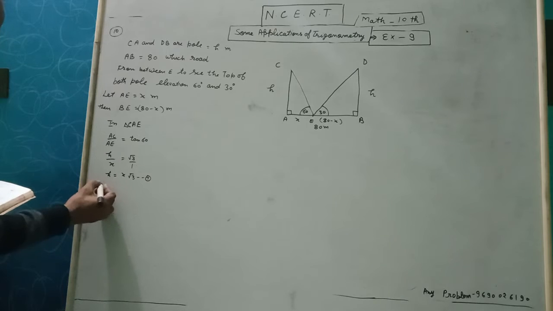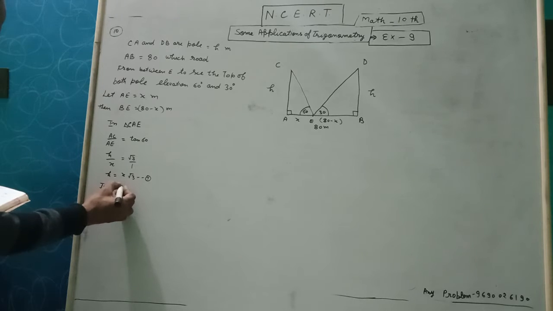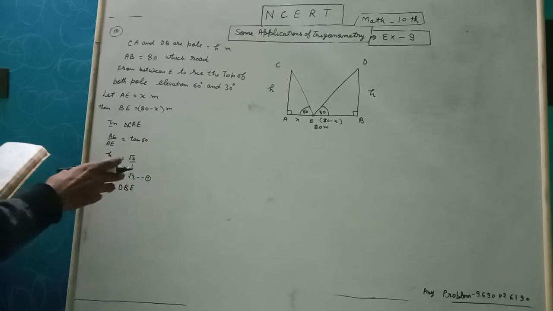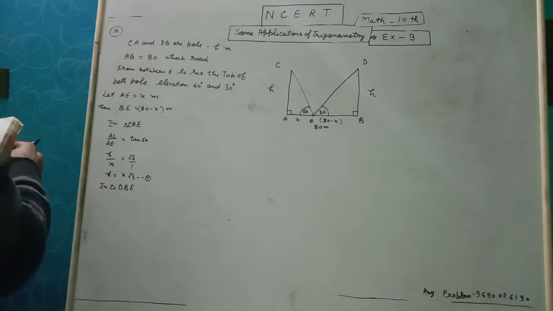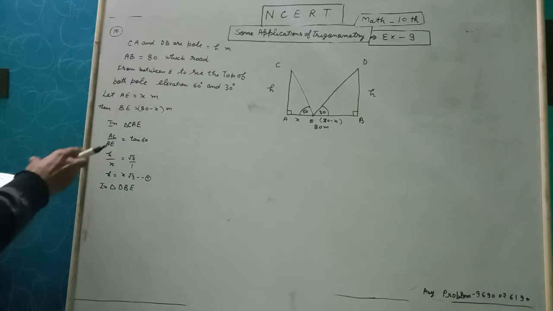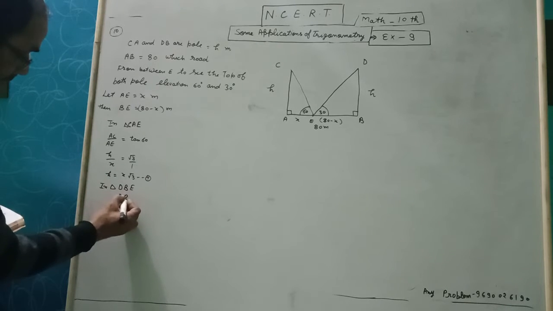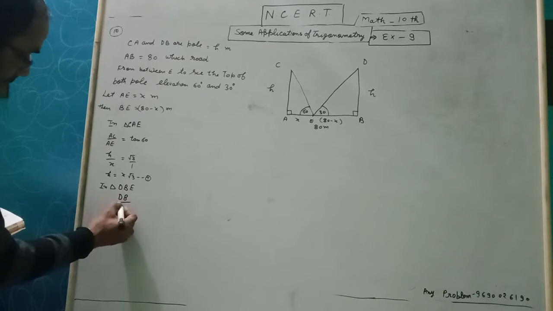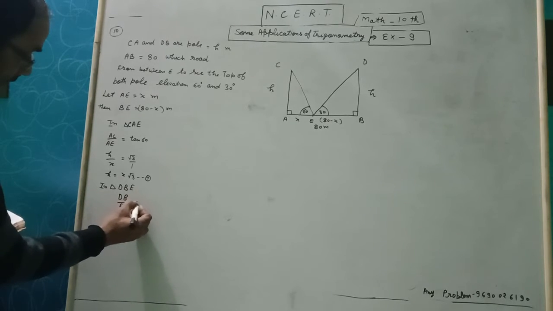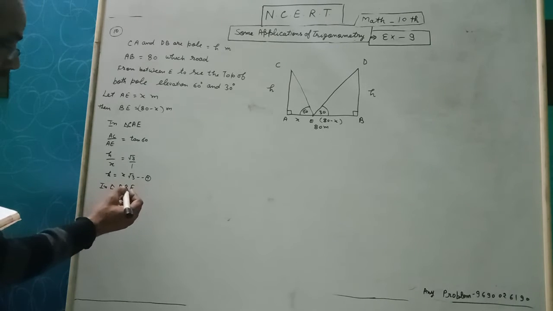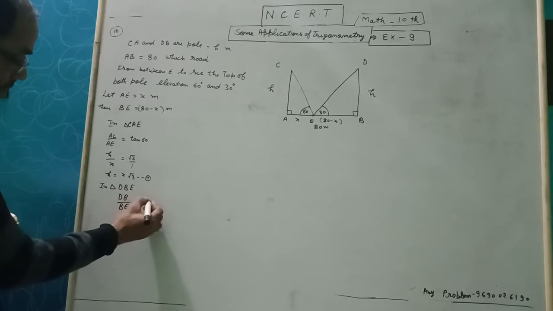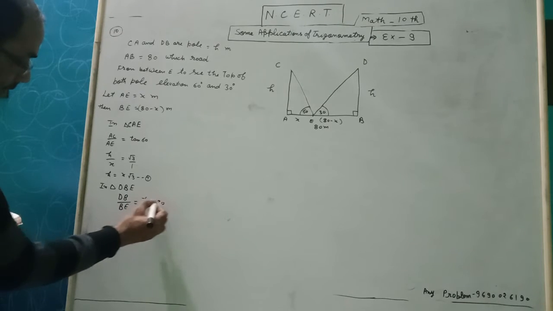In triangle DBE, B is 90. DB is perpendicular and BE is base. So perpendicular upon base is equal to tan 30.